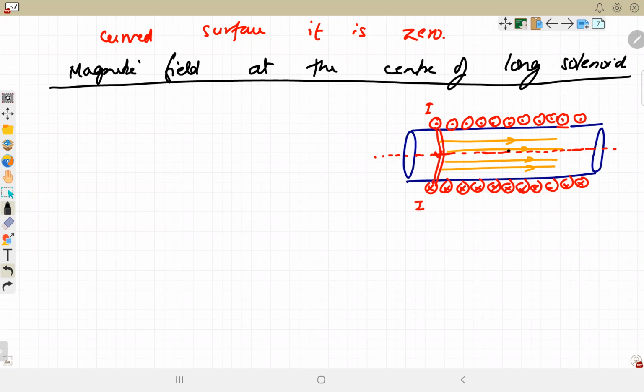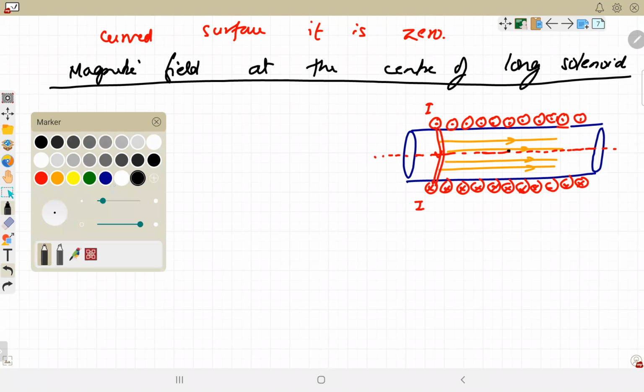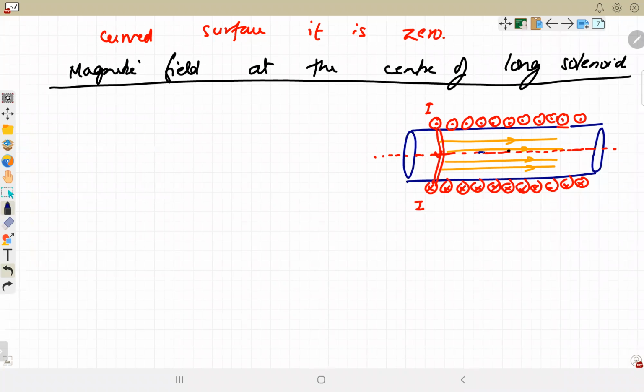So let's say the center. Another thing: we always have to choose a loop such that the magnetic field line passes along it. So we will consider a loop which passes over it, and by symmetry, we make a rectangle. As inside, the same length will be outside. Consider a rectangular loop PQRSP passing through the axis to apply Ampere's circuital law.